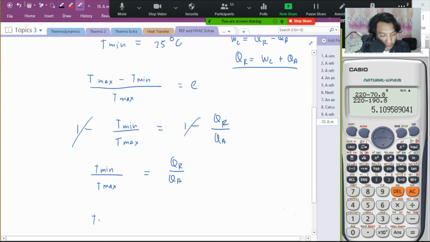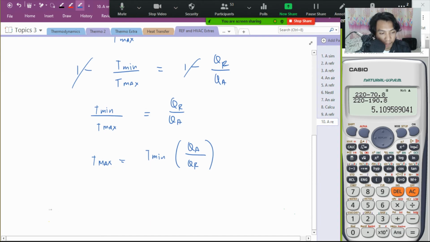Tmax equal to T minimum QA over QR. Let us simplify. Yung Tmax is equal to T minimum, that is 25 plus 273, okay, degree Kelvin.